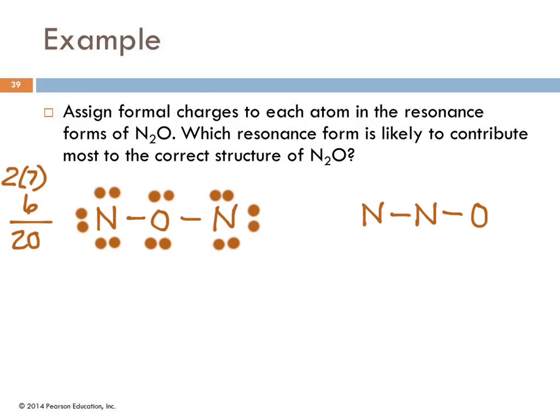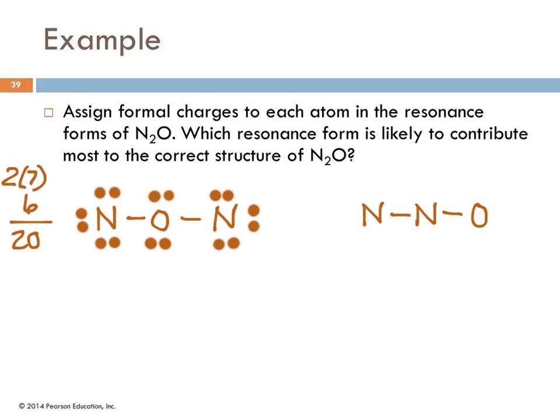Well, there's no double bonds, are there? But I thought you said resonance structures usually involve double bonds. Well, usually, not this time. So there's a Lewis structure. Is everybody happy? Question.